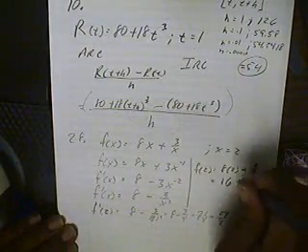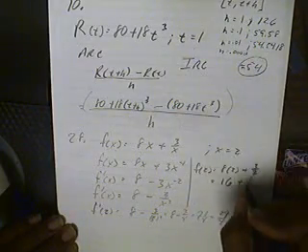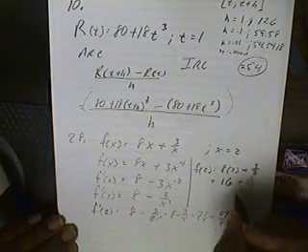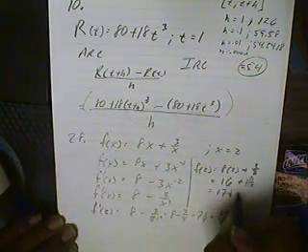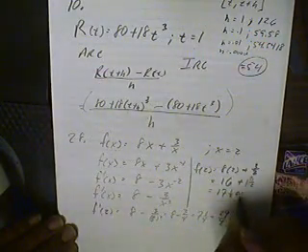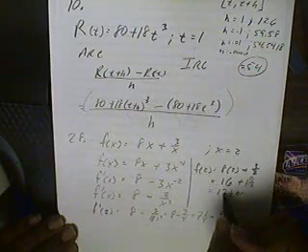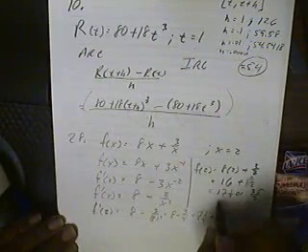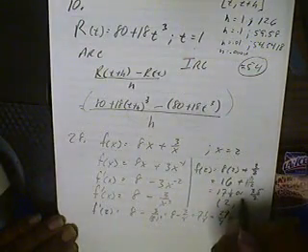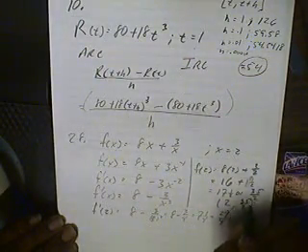Well, 3 over 2 is the same thing as 1 1/2, which gives us 17 1/2. Which also can be written as 2 times 17 is 34 plus 1 is 35, so 35 over 2. So there's our point, 2 and 35 over 2.